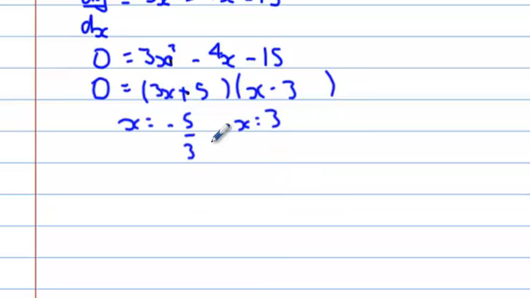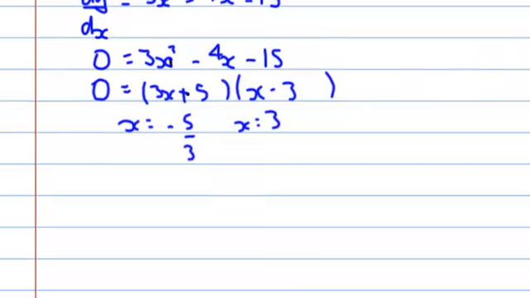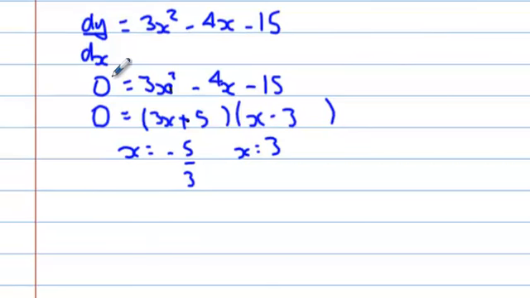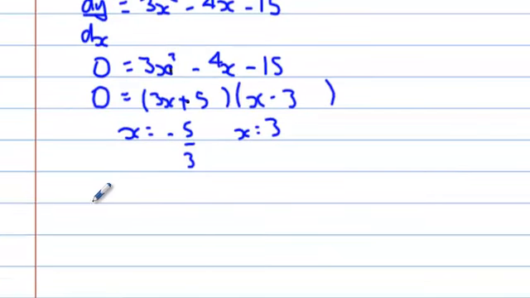As an alternative, we could look for the second derivative of the original function. So we'll differentiate this, it saves a bit of time. If we do d2y by dx squared, then we'll get 6x minus 4.